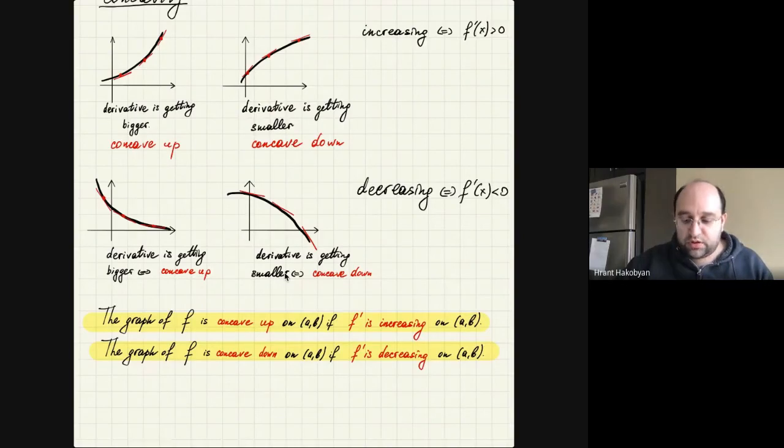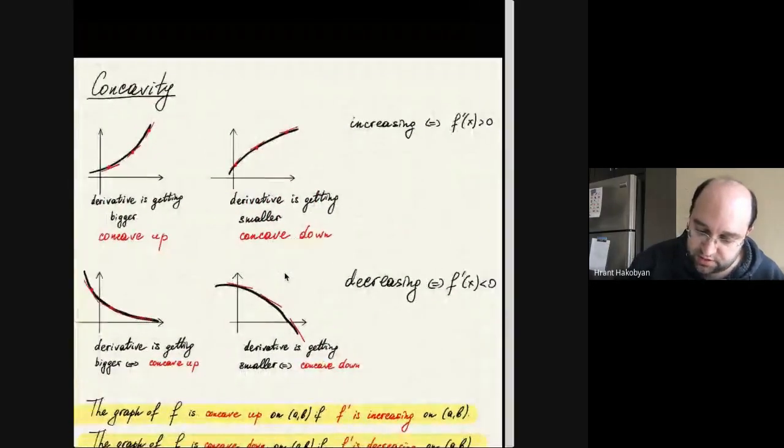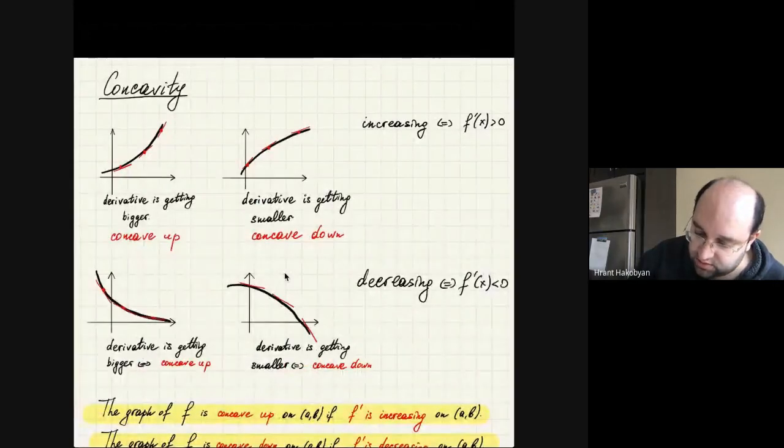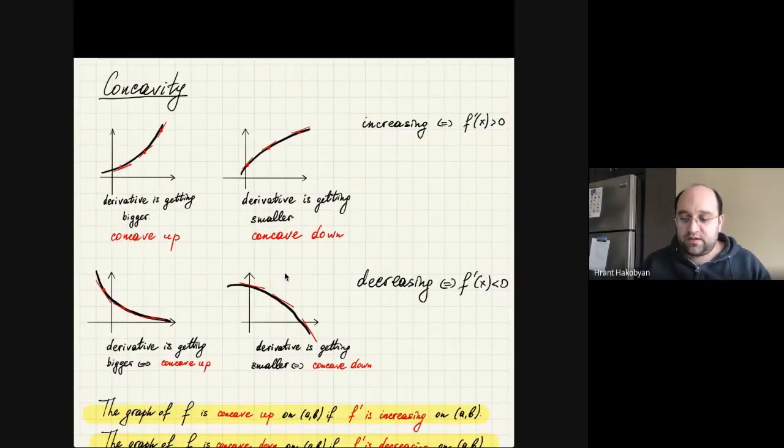Now, how can we figure out if the function is concave up or concave down using the derivatives? Well, we already know from last time that the function is increasing, and that's the same thing as saying the first derivative is positive.